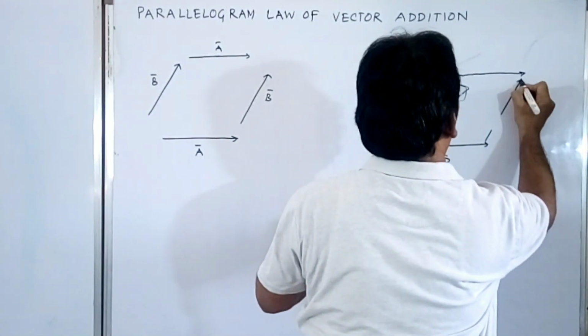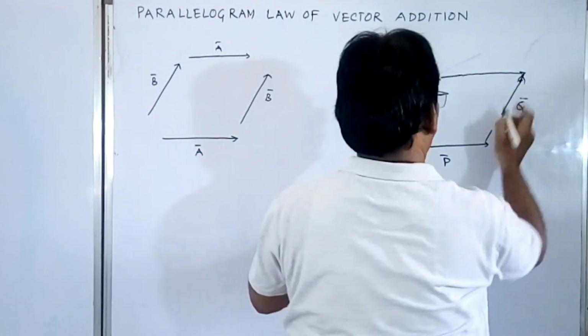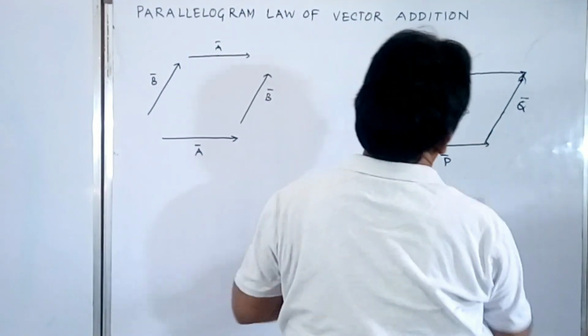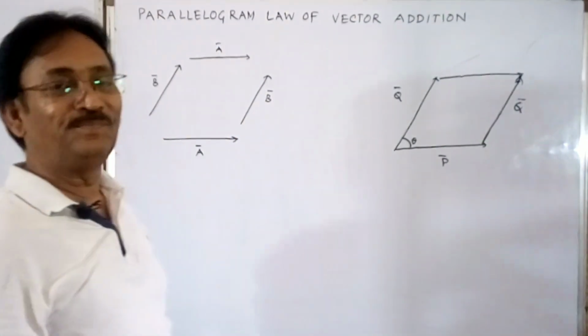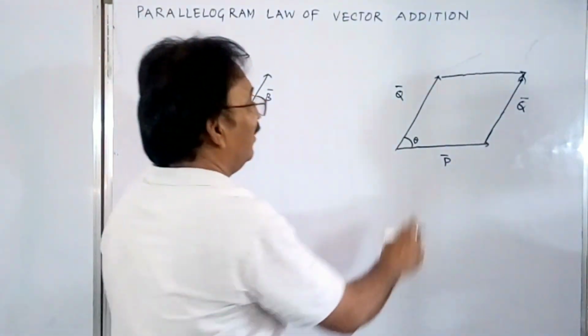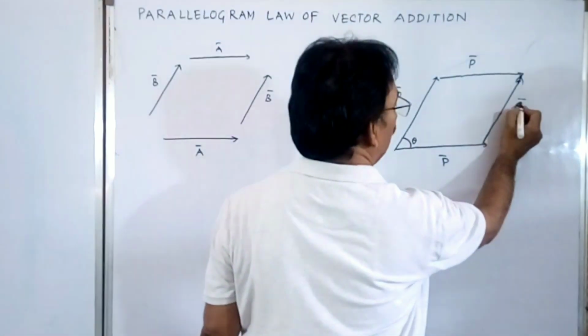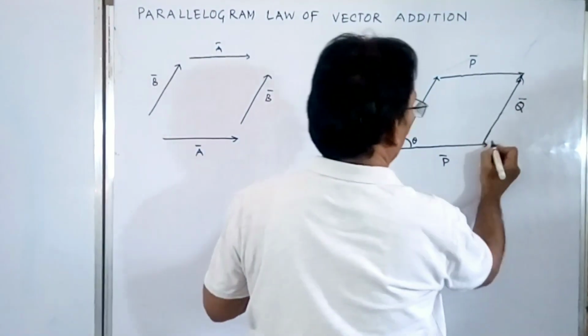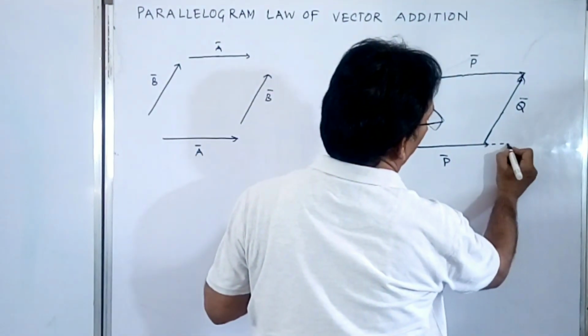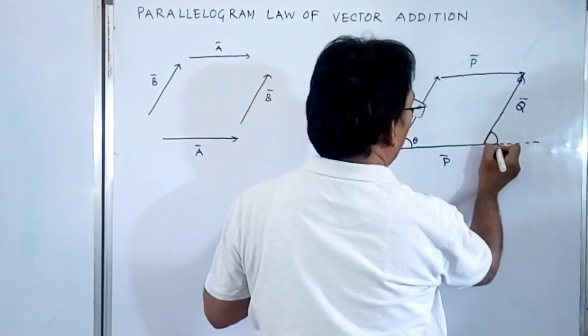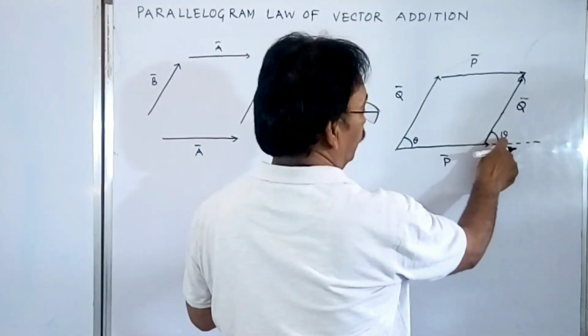I kept it here and I got a parallelogram. It's a p bar, and obviously it is p bar, and a q bar, and it is a q bar. Now here if I extend this, it might be equal to theta.